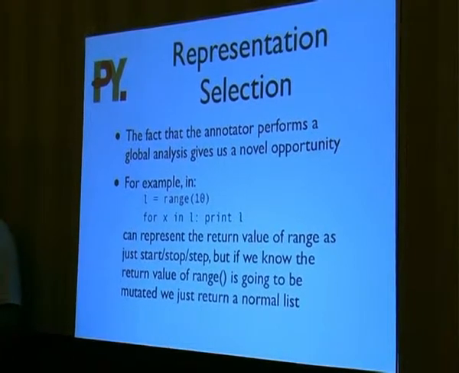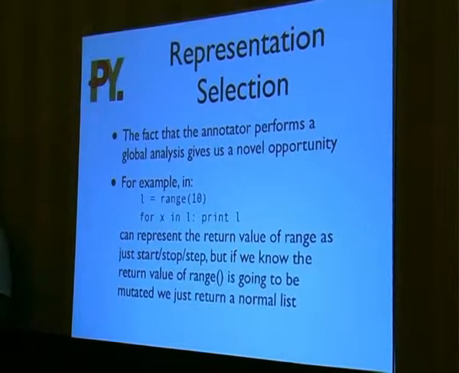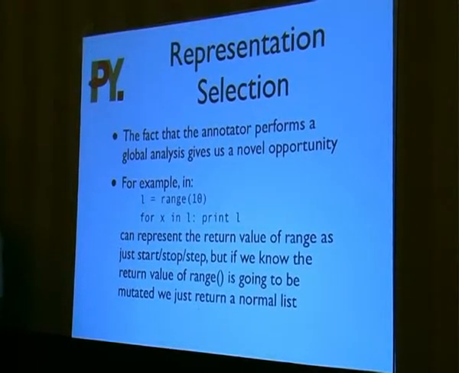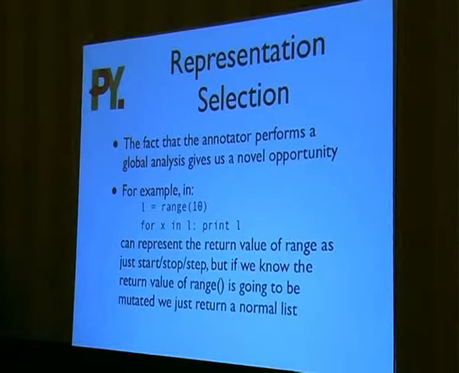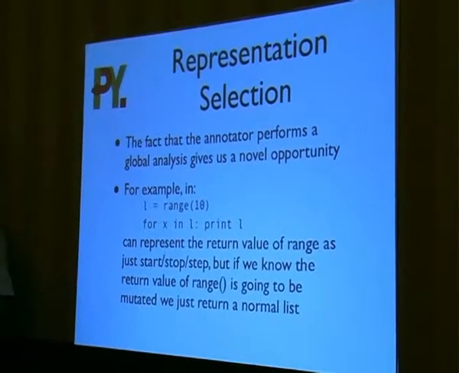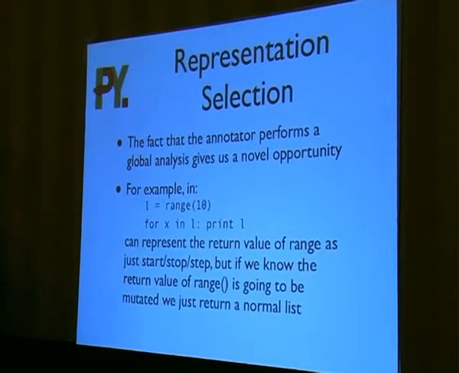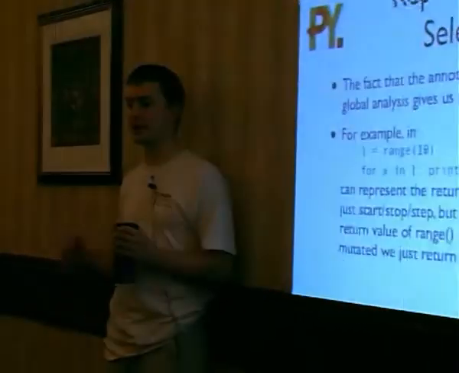We know that a lot of the time, all that's ever going to be done with an instance of range is to iterate over it in a for loop. So the annotator can tell whether the return value of range is ever going to be mutated. And if it's not, we can just represent it as actually it's just 2 integers, I think. Well, no, 3. The current value, the step, and when you should stop, as opposed to actually allocating a list in memory or anything like that.